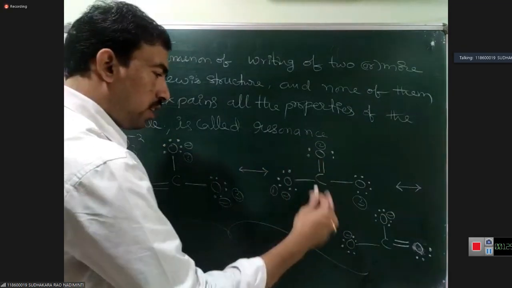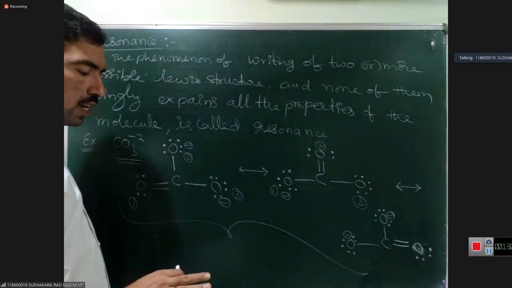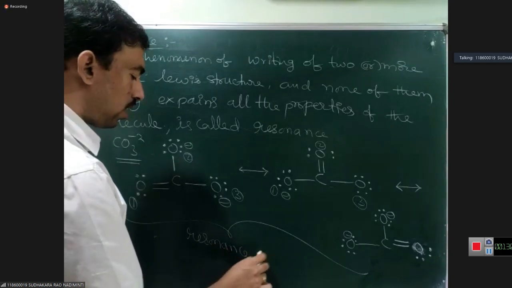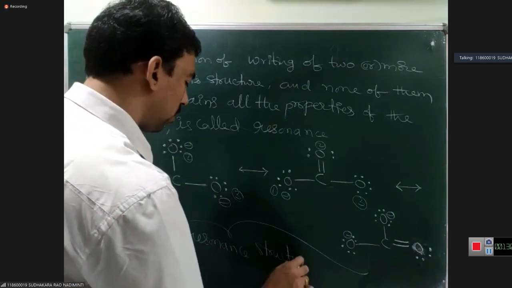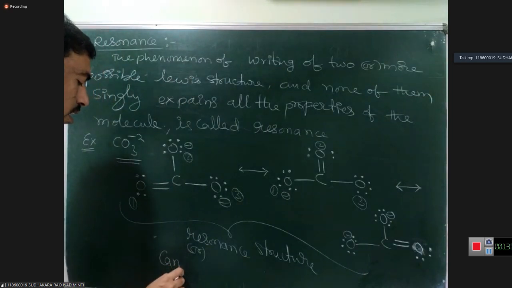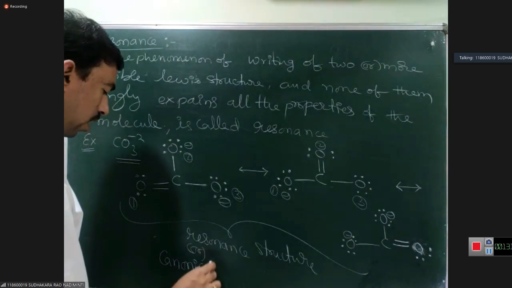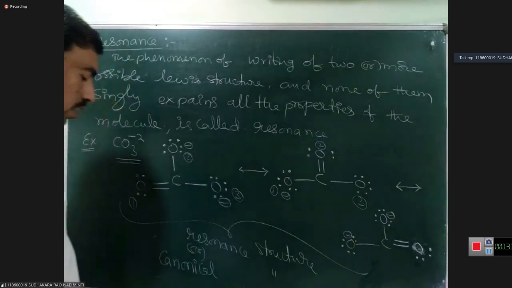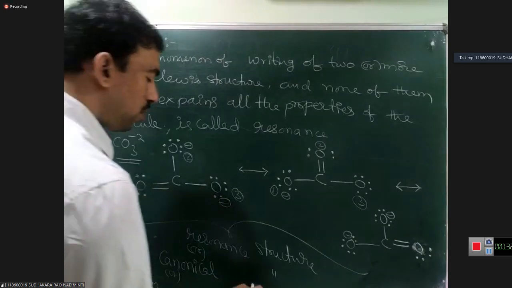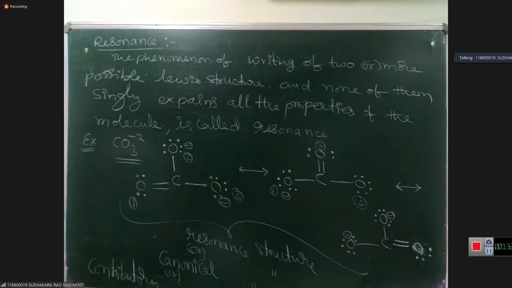So these are called resonance structures, or canonical structures, or contributory structures.